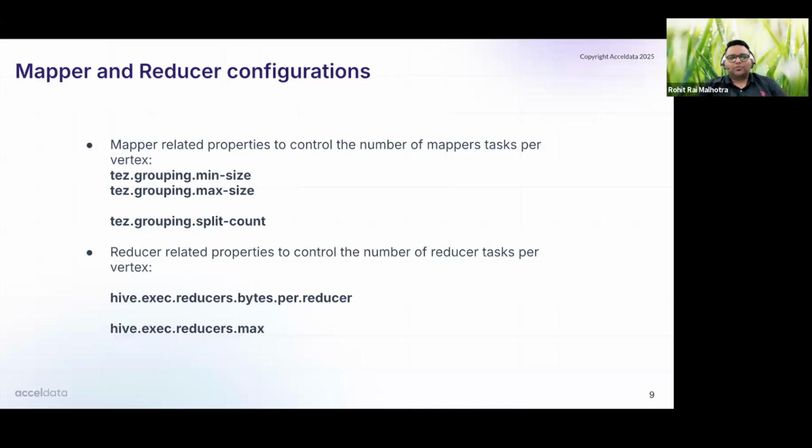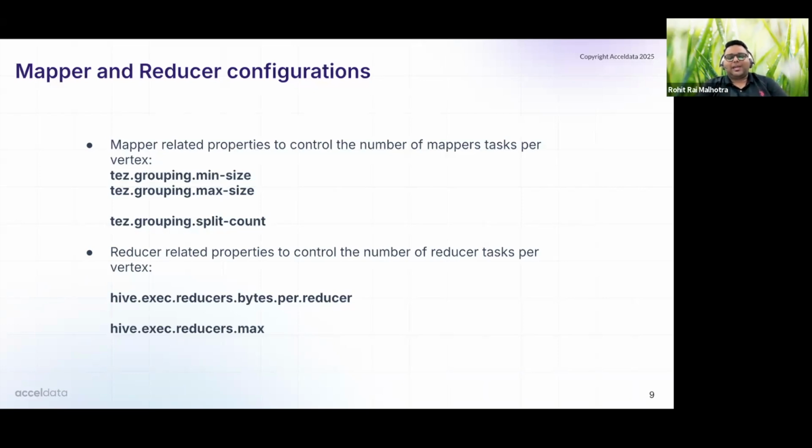There might be scenarios where you forcefully want to change the number of mapper tasks. In that scenario, you can use this split count property, but the focus should be on using min size and max size, which govern the split size generated for different mapper tasks, thus governing the number of mappers that are starting. The same goes with the reducer as well.